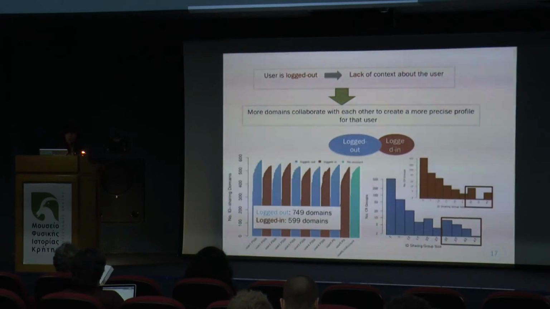We have also checked the difference in the categories of services when the user is logged in and logged out, and we haven't found any specific difference in these two conditions. So we believe that this unexpected result is related to lack of information about the user.